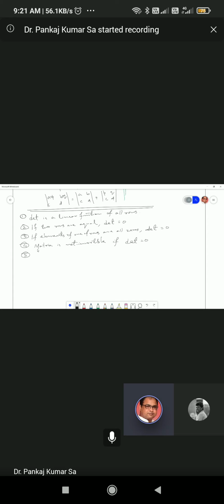Like, determinant of A matrix times B matrix is equal to determinant of A times determinant of B. However, determinant of A plus B is not equal to the sum; this is not true.